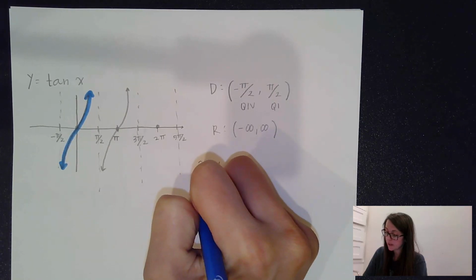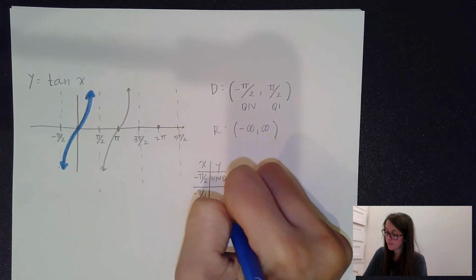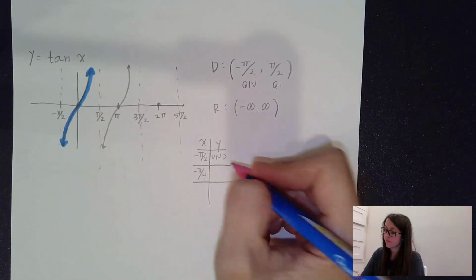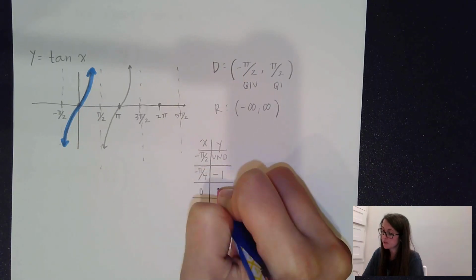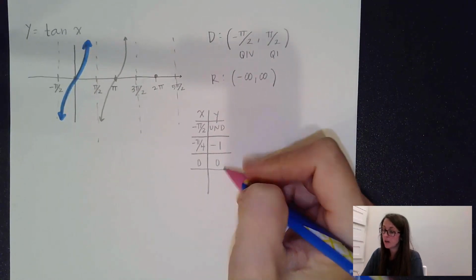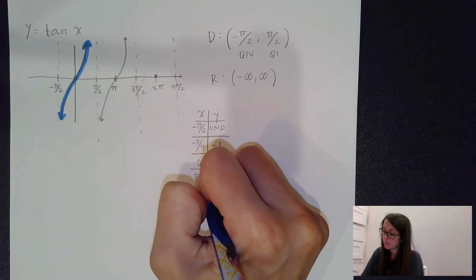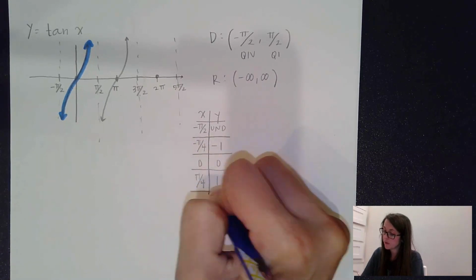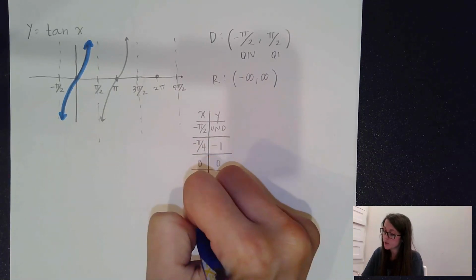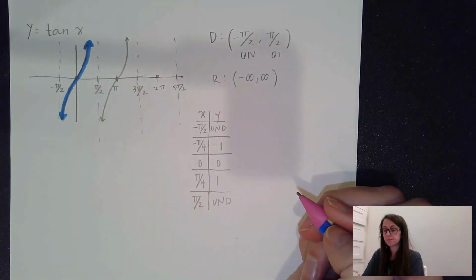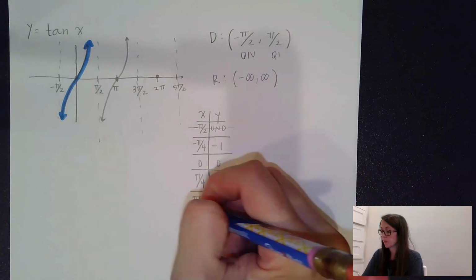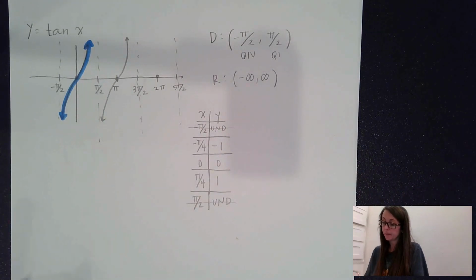But what about negative pi over 4? I will be at negative 1. At 0, I will be at 0. At a positive pi over 4, I'm going to be at a positive 1. And then at pi over 2, I will be undefined. So we won't graph those when we're doing our inverse, because we're not defined there.